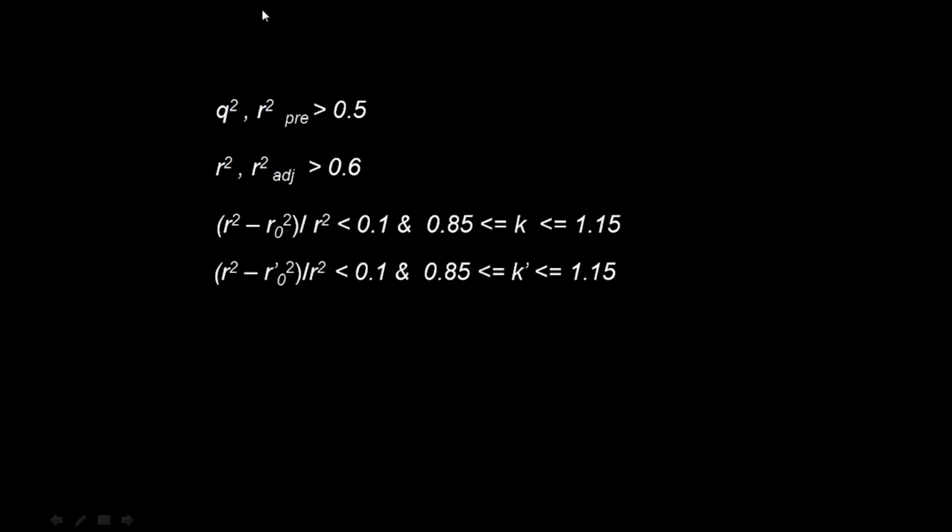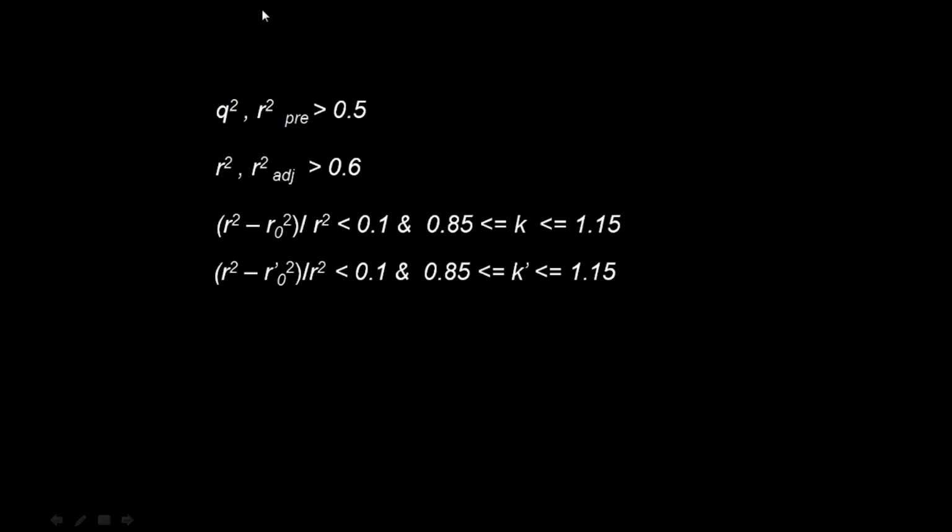And then we do the other way, instead of y equal to, we do x equal to. Then we use again R dash naught square, make it pass through the origin, and the corresponding slope is given by k dash, that also should be around 1. So it is quite stringent, we need to have a lot of conditions satisfied before we say that the regression model is good, okay.